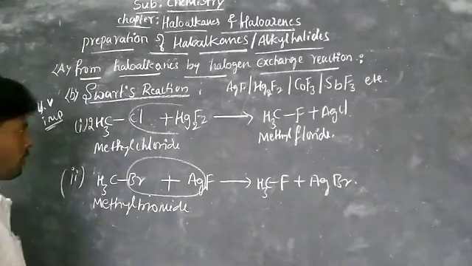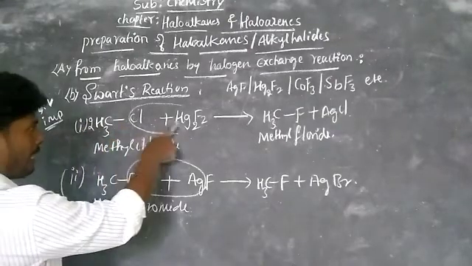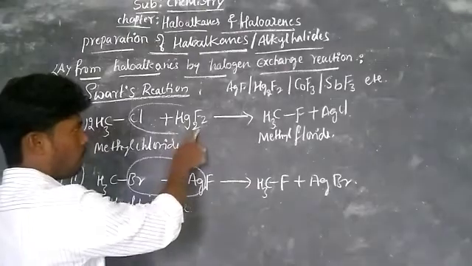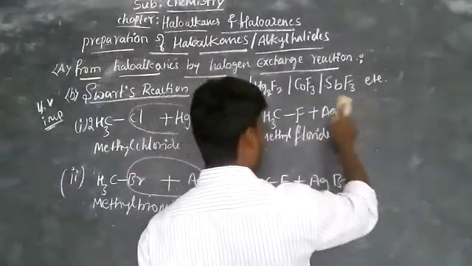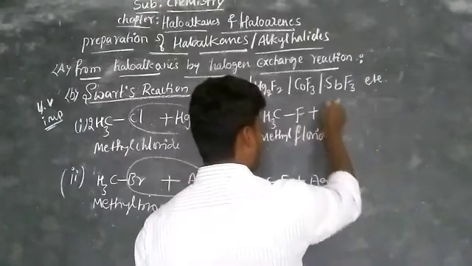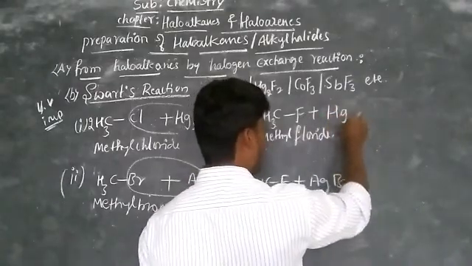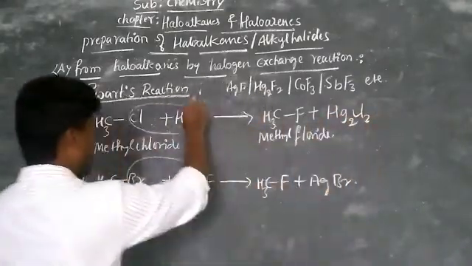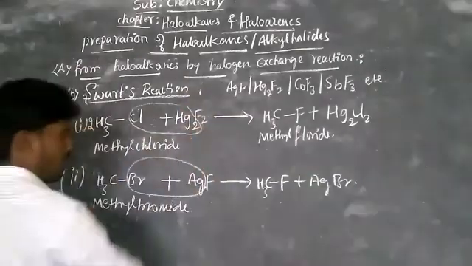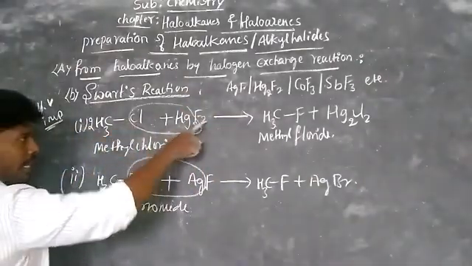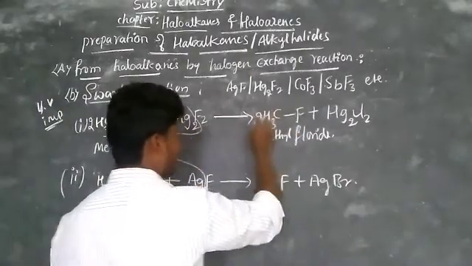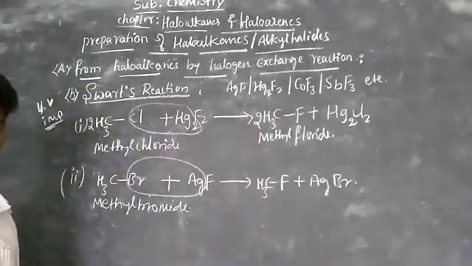If you take two equivalents, then two bromine atoms become Hg2Br2 here. Similarly like that, and in place of one CH3Br, write two. That is two equivalents. Like that you have to balance.